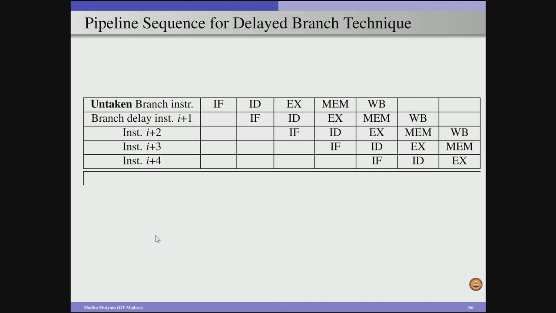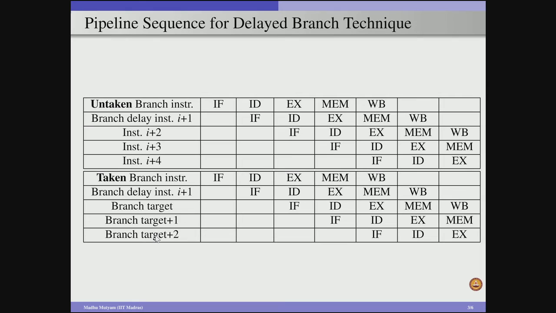So effectively, the delay slot has instruction I plus 1, and we fetch that instruction and continue. But at the end of the ID stage for the branch instruction, we came to know that the branch is not taken. So we do not have to alter the program order and we just continue fetching the subsequent instructions, and these instructions will go through the remaining pipeline stages. So there will not be any stalls, and as a result we get no performance penalty.